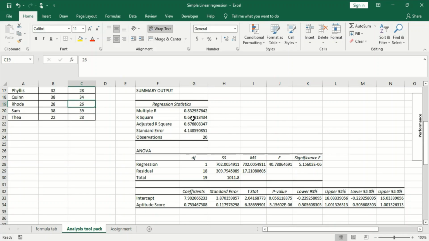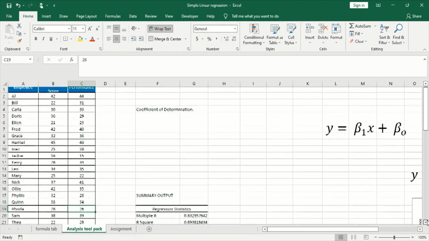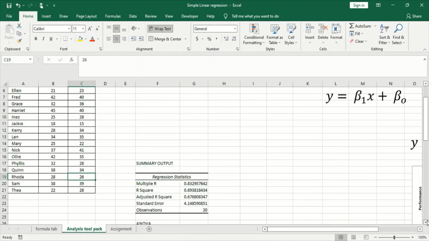That is what we mean by R square. Adjusted R square means the same thing, but it is better when you are doing multiple linear regression, so it's better you use that. This is your standard error and this is your observation.